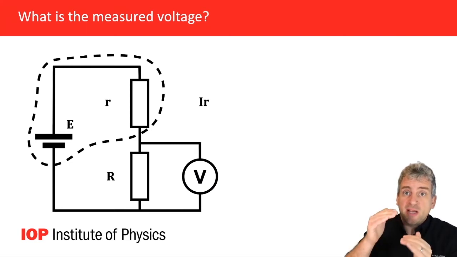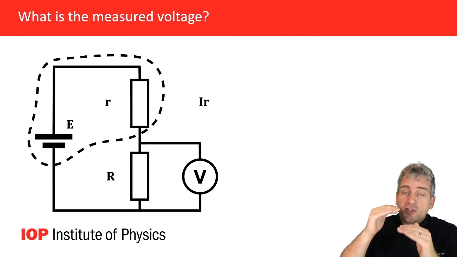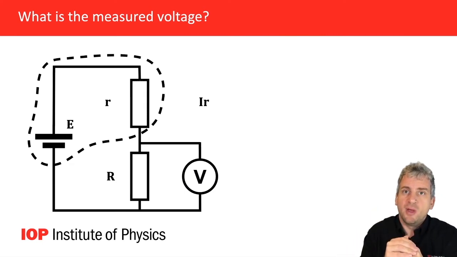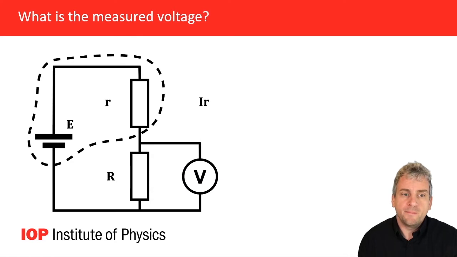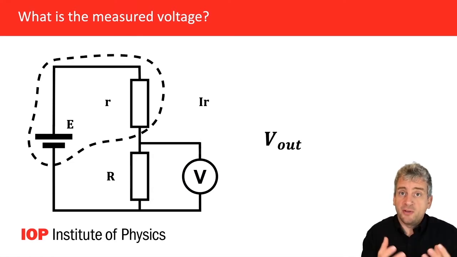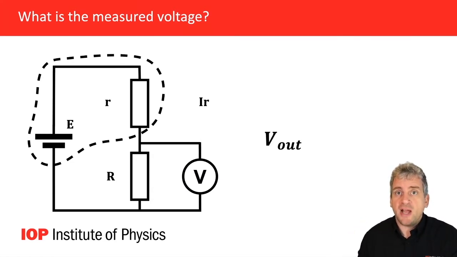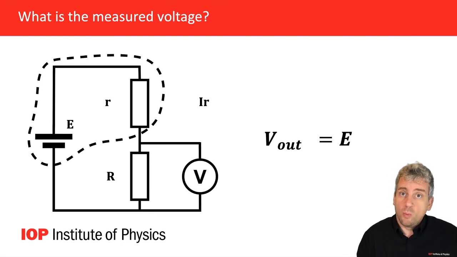We've got a potential difference across the internal resistor. And that resistance of lowercase r will have a potential difference of current times r. So the voltage that we measure, the voltage out, is whatever the EMF is, take away whatever the potential difference is on that internal resistor.